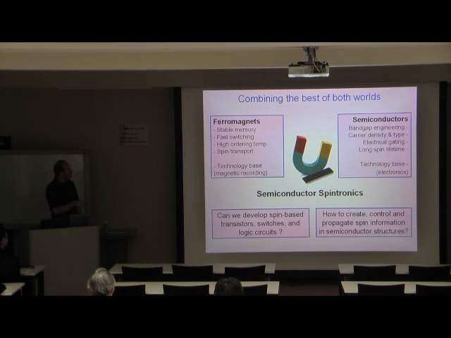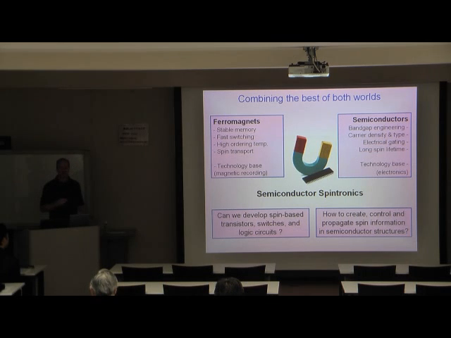You can control the carrier density and type from n-type to p-type, and maybe more important is that you can electrically gate these materials and thereby change the properties. So what we in the end would like to do is to combine the unique properties of ferromagnetic and semiconductor materials and create something new, something extra, or something better. At least that's the goal.